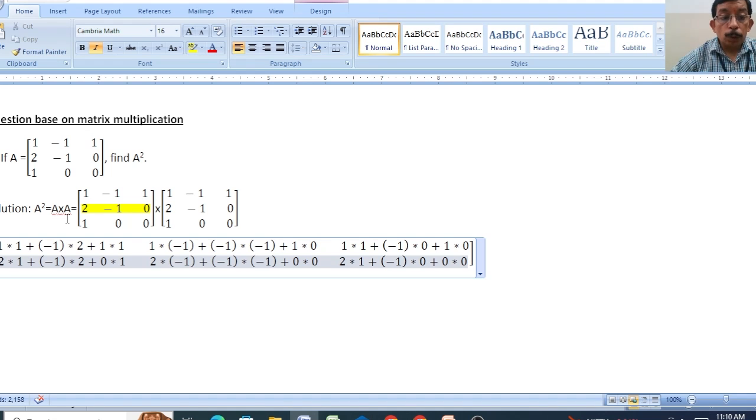Now the second row has been multiplied by each column, and we have all the elements of the second row.